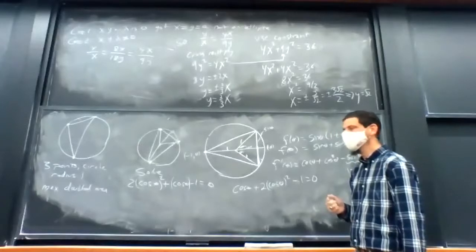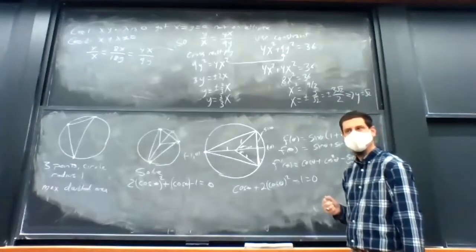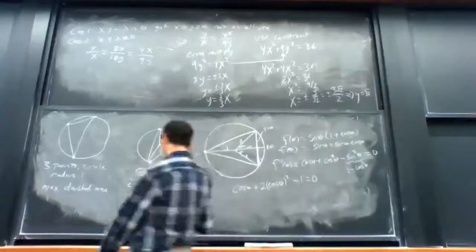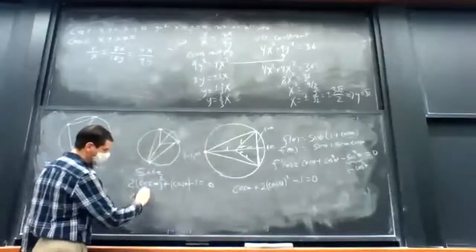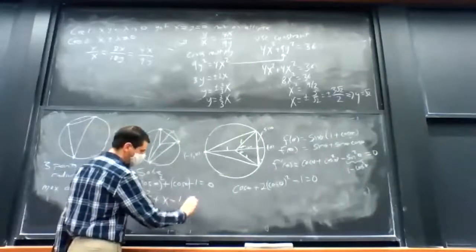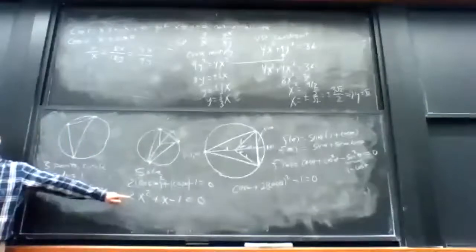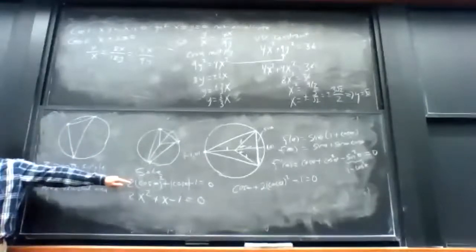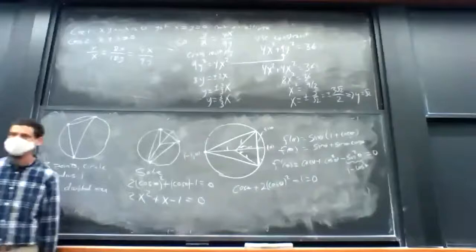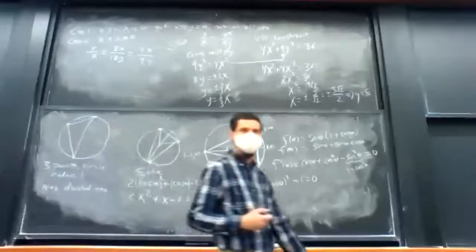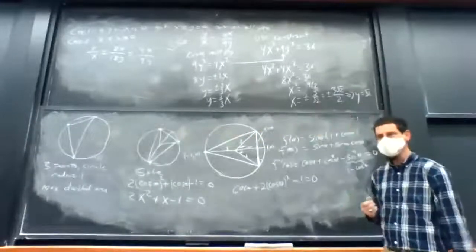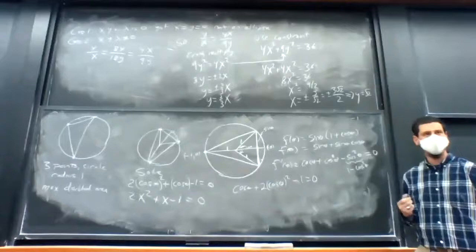So what can we replace cosine theta with? x. So if I write x equals cosine theta, this is 2x squared plus x minus 1 equals 0. Do you know how to solve this? If you know how to solve this, why didn't you know how to solve this? Because I wrote cosine theta rather than x. Depending on how you write the algebra, I can make it very painful for you.